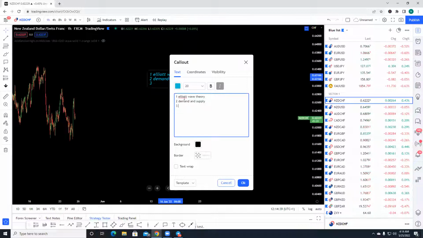Number four, I use market structure. Number five, I use liquidity.